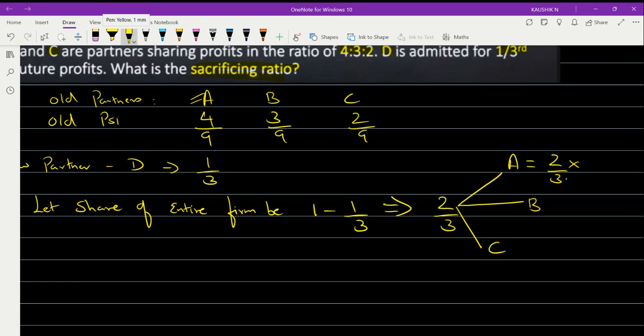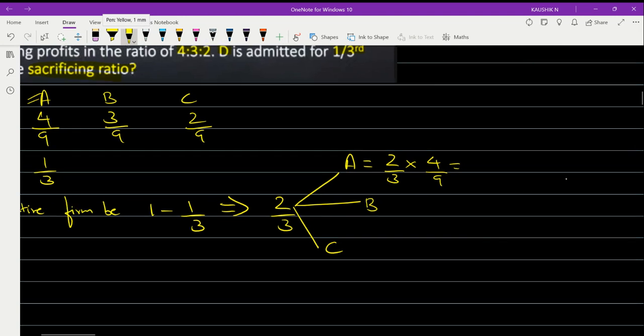If you work it out, you will be able to get the respective value. So for A, 2 by 3 into 4 by 9. What will be the value? 4 twos are 8, 9 threes are 27.